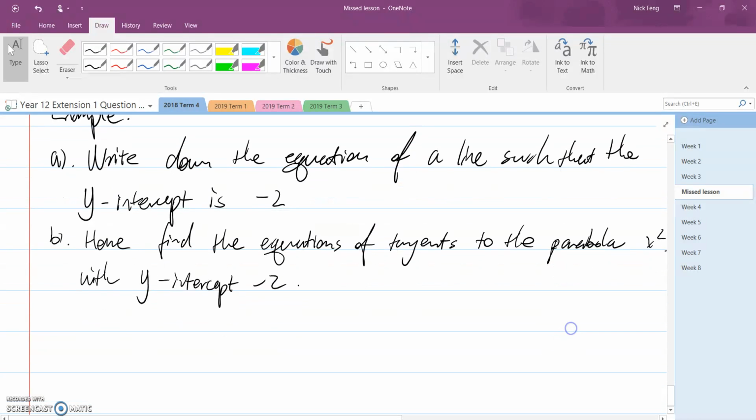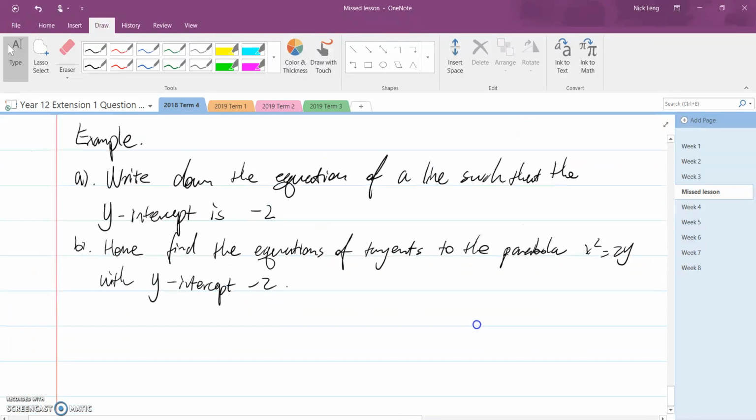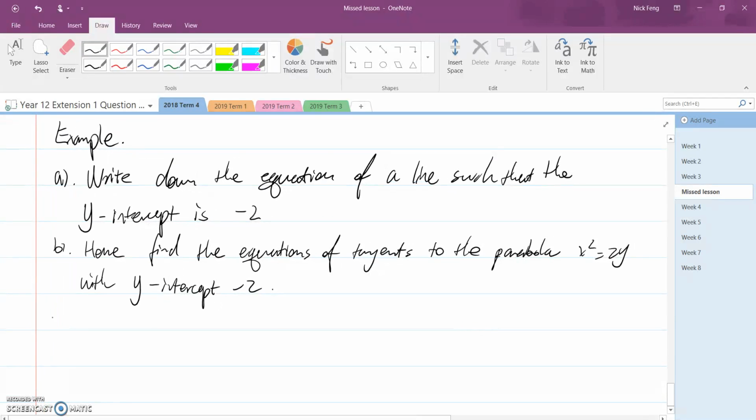So that is actually not a quite complicated question. What we do is we start with y equals, now any straight line with y-intercept of -2 can be written as mx minus 2, with the gradient m as a variable. And that's it. That's part A basically.